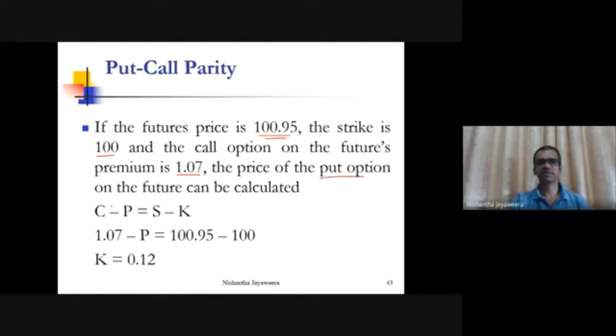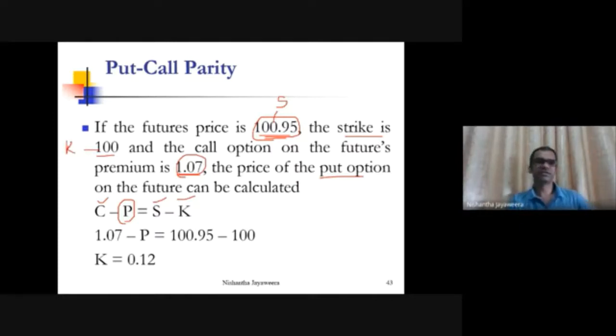The relationship is C minus P equals S minus K. We know C, we know S, we know K. What we have to find is P. So substitute the figures. C equals 1.07, the call option premium. Futures price, that means S, is 100.95. Strike, that means K, is 100.